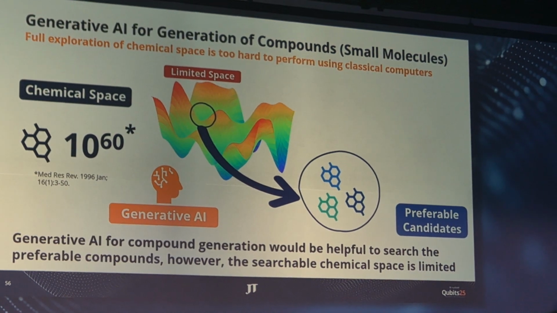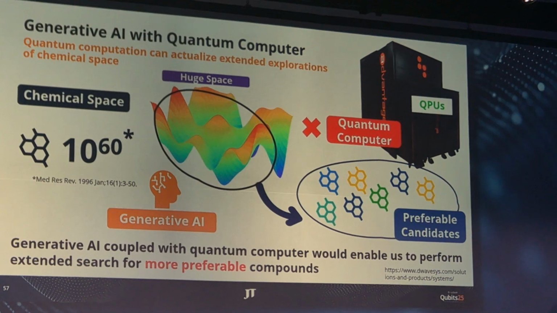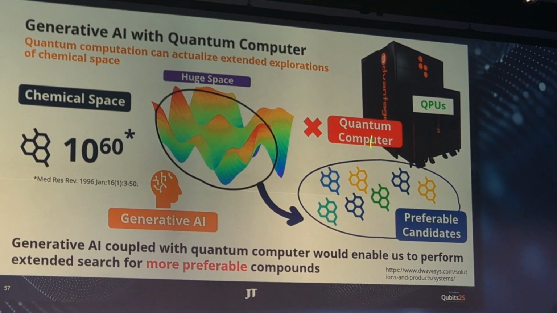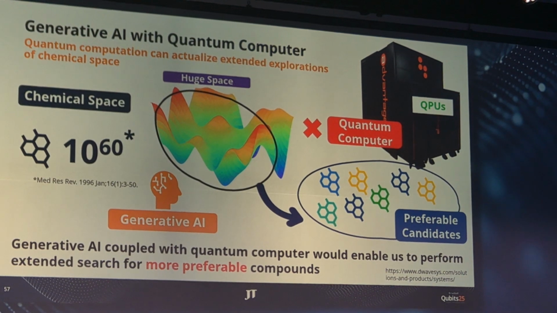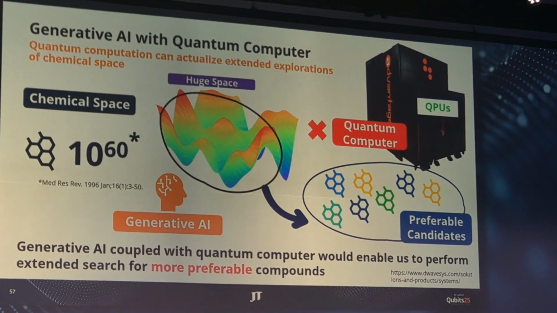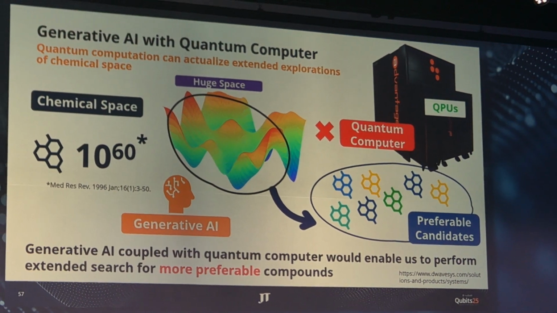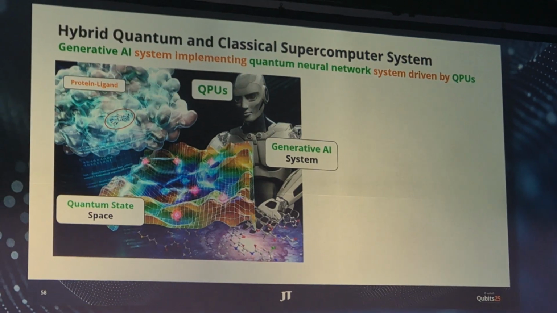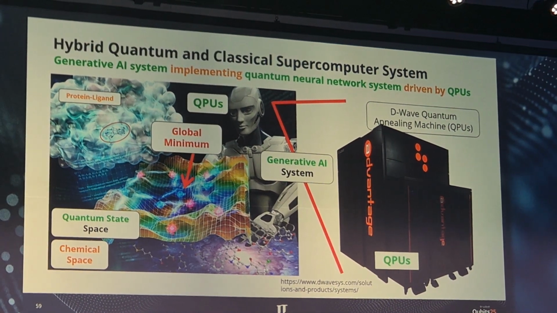Then we wanted to involve the quantum annealing computer. When we use the quantum annealing computer, we could explore a much more huge space, and then we can approach through the global minima.